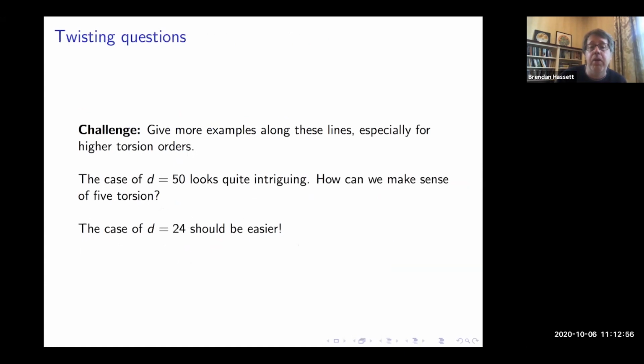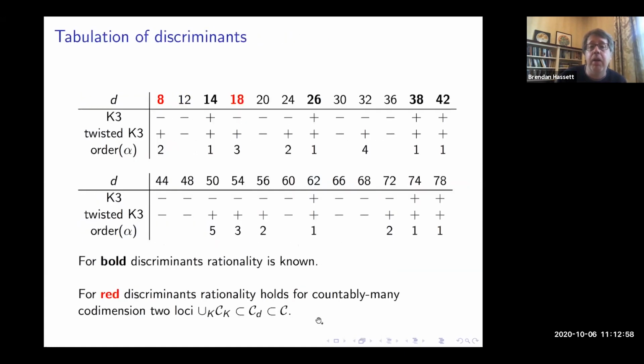And so let me just go back to the tabulation. So the first 4 cases where there are associated K3 surfaces, we now know that the corresponding loci in moduli parameterize rational varieties.